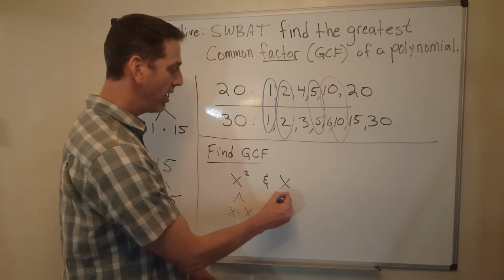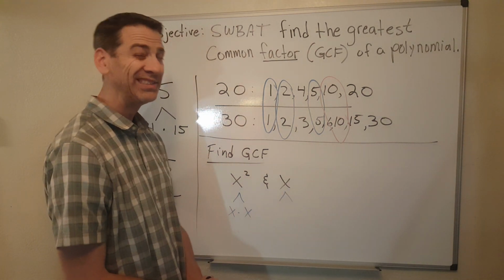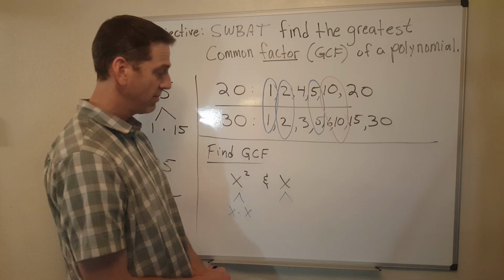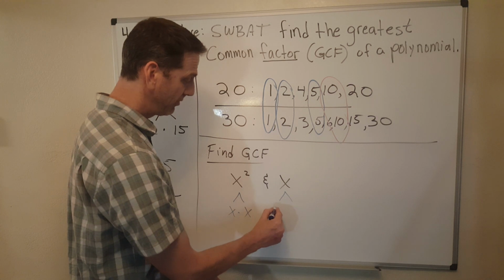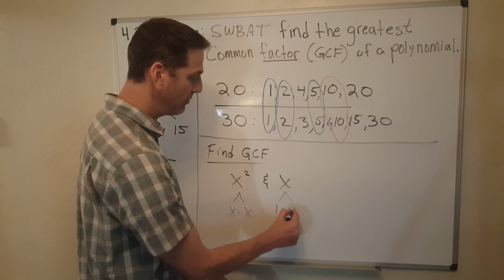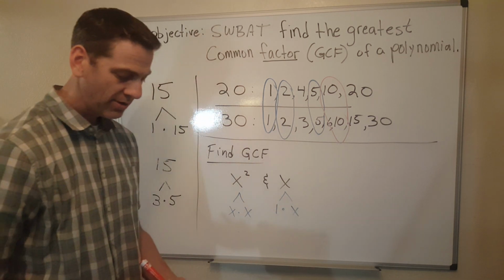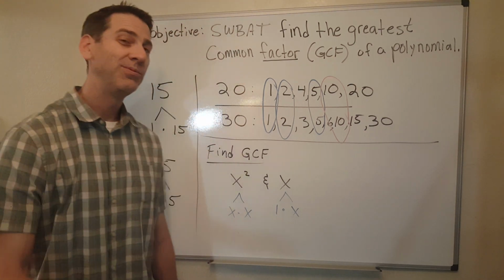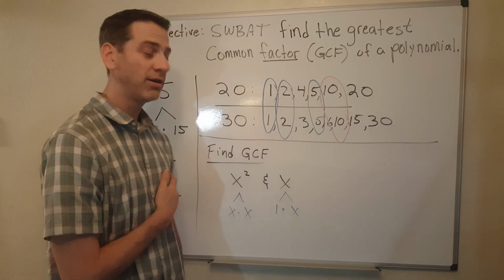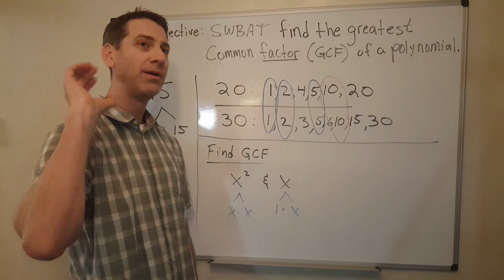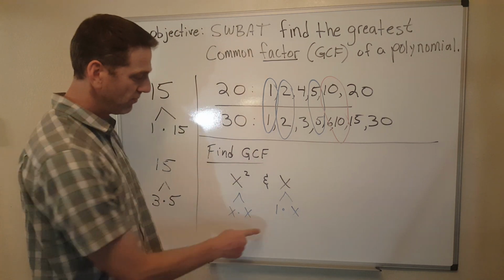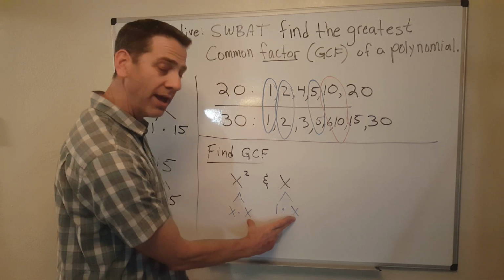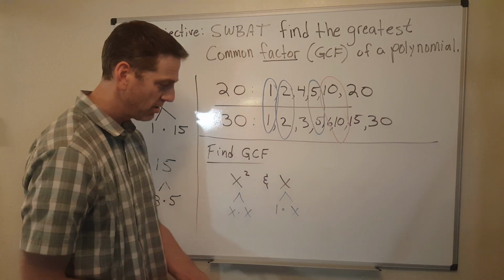How about x? How do I factor x? Well, remember, you can always factor anything with 1. So it would be 1 times x. So here's my question. What is the greatest common factor between x squared and x? What's the largest thing they have in common? Well, they both share an x in common, don't they?